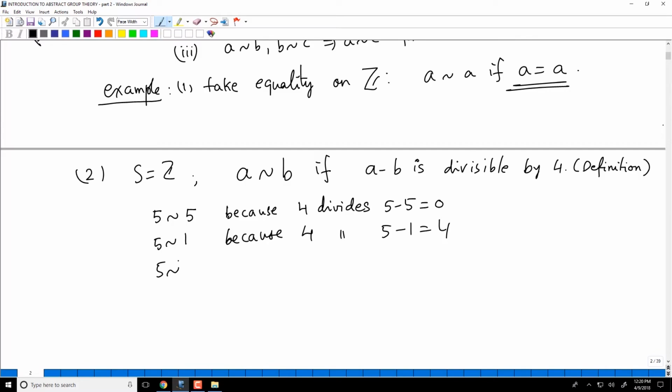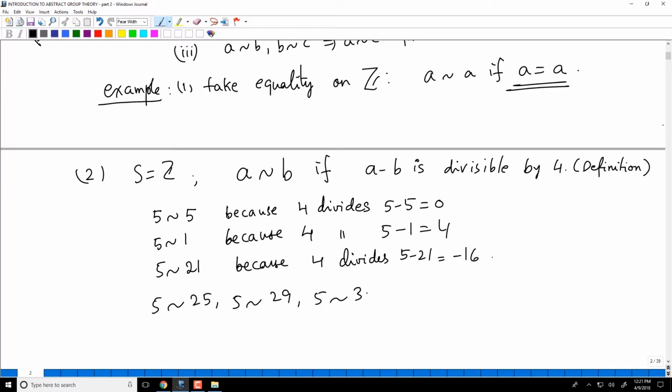Similarly, 5 is related to 21, because 4 divides 5 minus 21, which is minus 16, and 4 divides minus 16. So 5 is related to 25, 5 is related to 29, 5 is related to 33, and so on. So 5 is related to 5, but it's also related to a lot of other integers.